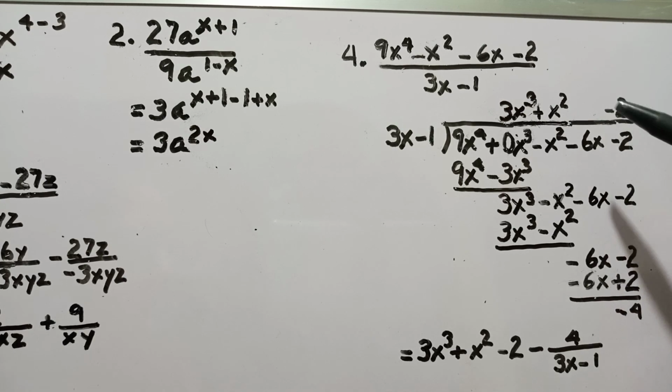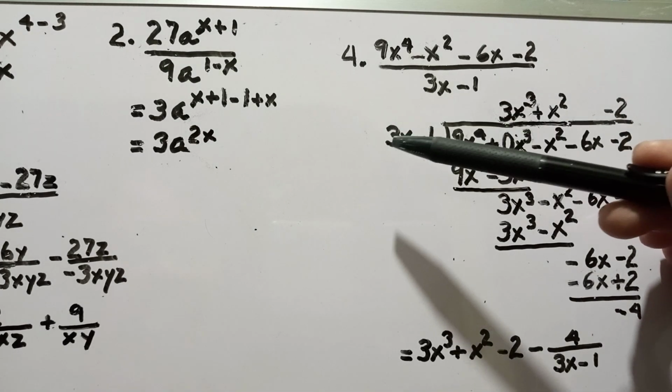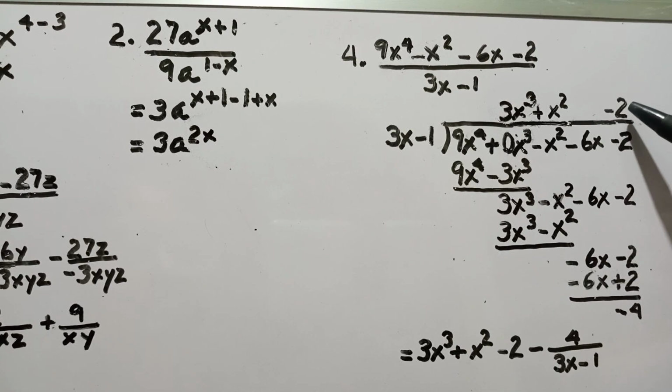Minus 6x divided by 3x, you have minus 2. Now take note that the quotient is only a coefficient. There is no variable. That's why we place that right above the term which is only a number.